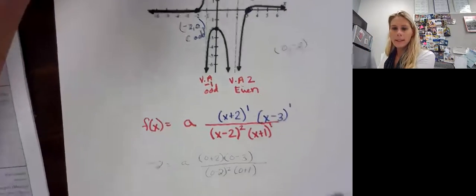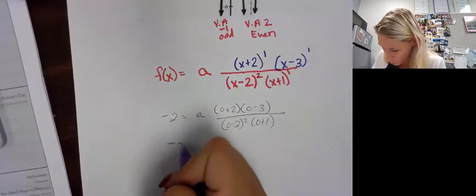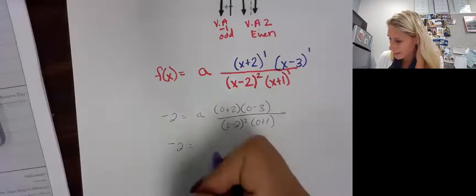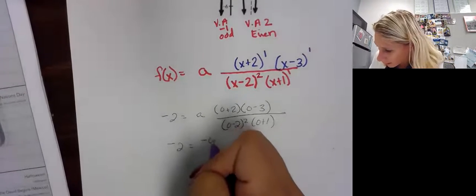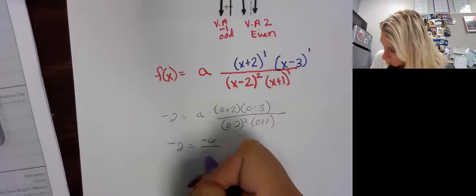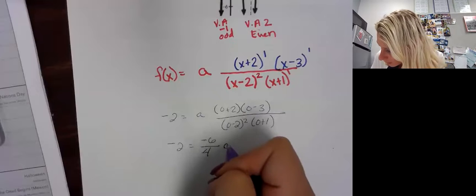Okay, now let's simplify that so we can see what happens. So we get -2 equals, and what happens is on top we get -6, on the bottom we get +4, and this is times a.